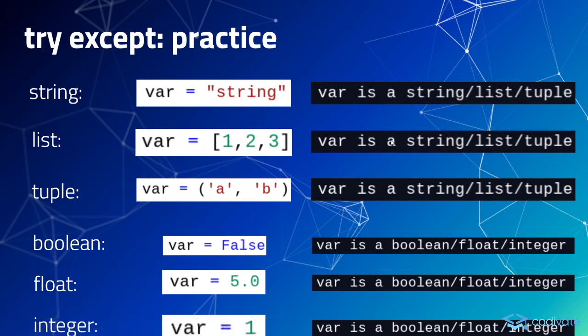If it's a list, it tells us it's a list. If it's a tuple, it tells us tuple. And same thing with all of them. For each different data type that we test, it has the correct print statement. So it's very important to test your code. And these tests show that our program on the previous slide works correctly.